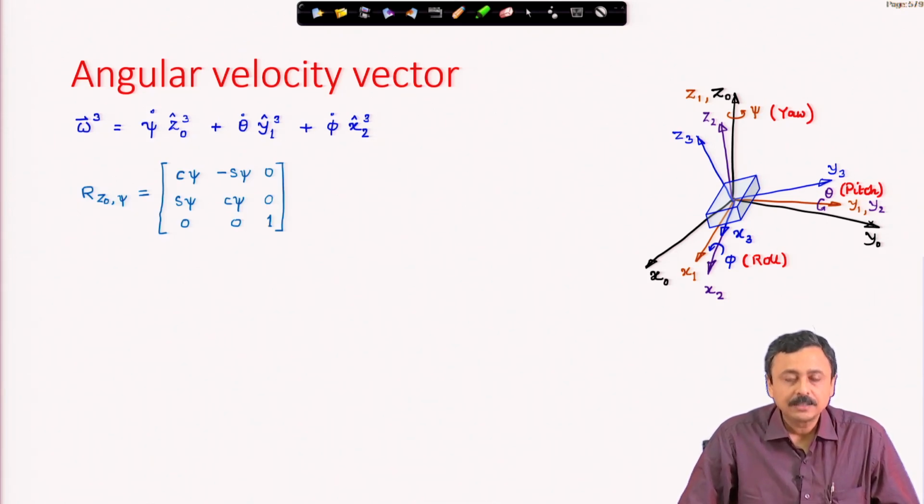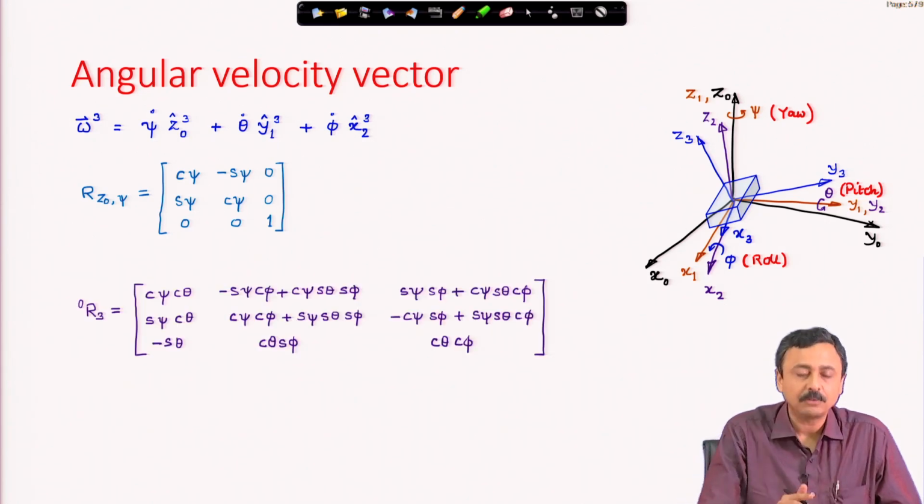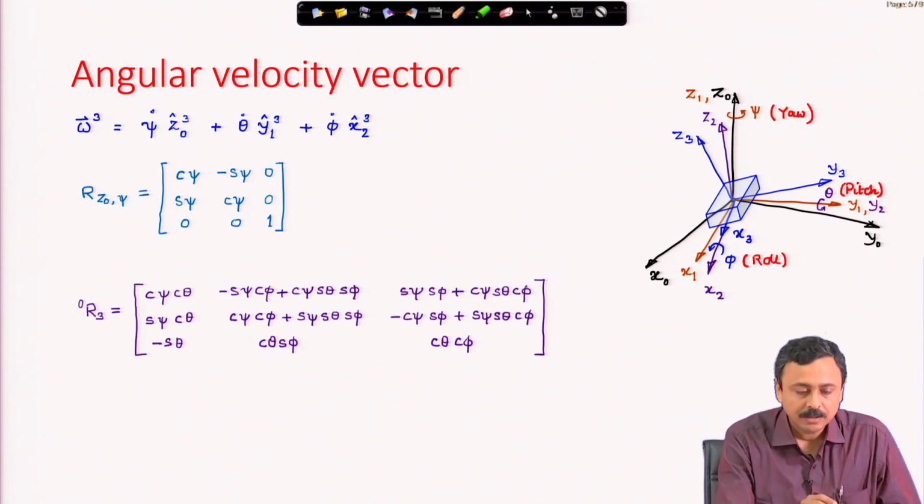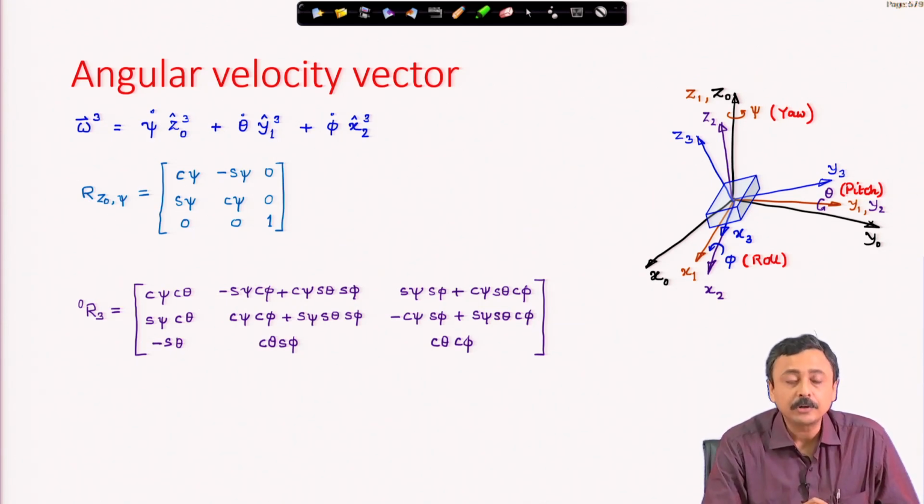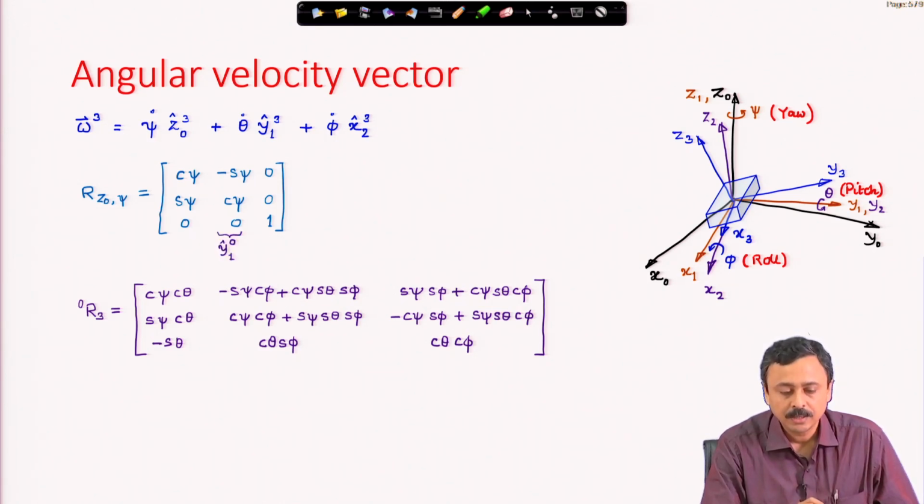Let us look at these fundamental rotation matrices and our final rotation matrix. I have written out the rotation matrix about z naught by an angle psi. The second column of this represents y 1 in frame 0.